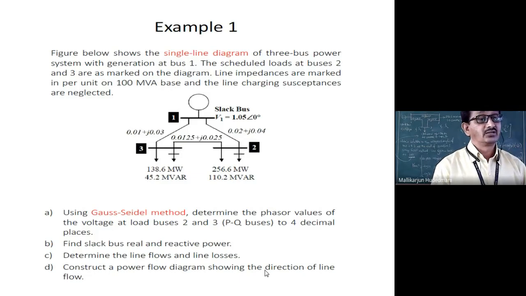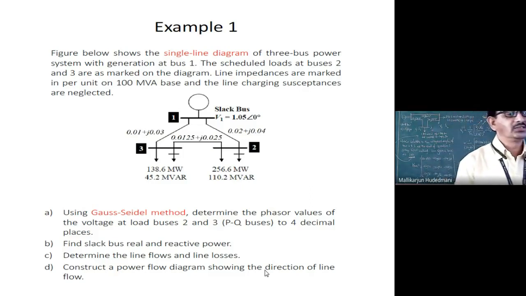But be very sure, the data mentioned in the problem text is impedance. It is not admittance. It is impedance. And the slack bus voltage is given as 1.05 angle 0 pu. Then you have loads at the respective buses given in megawatt and megavolt ampere reactive.